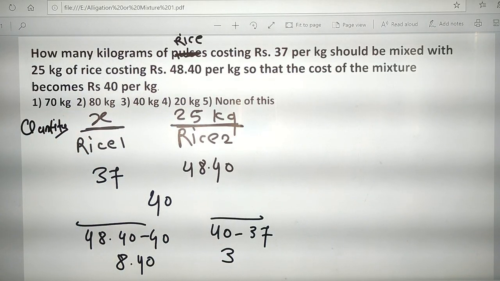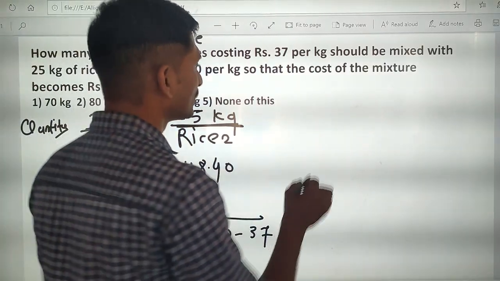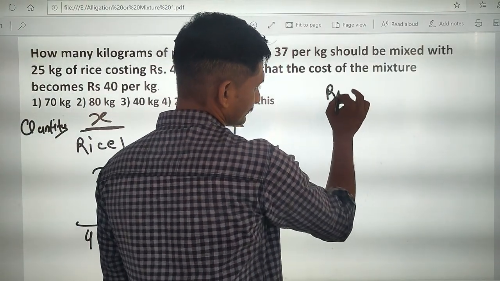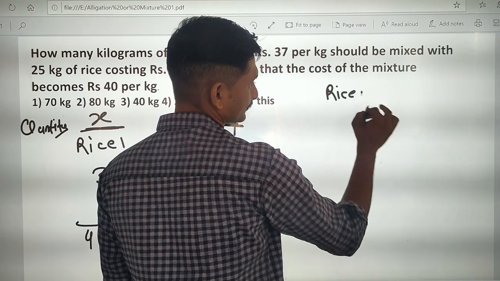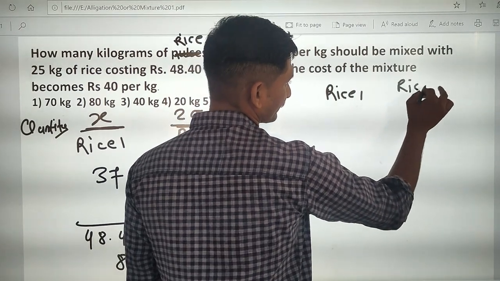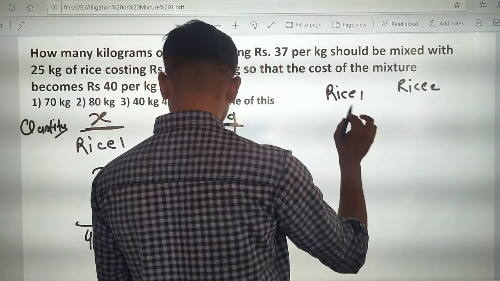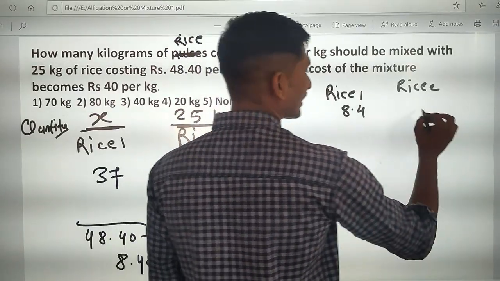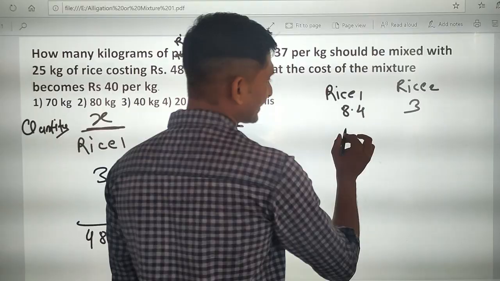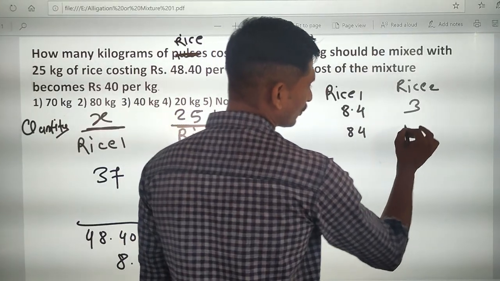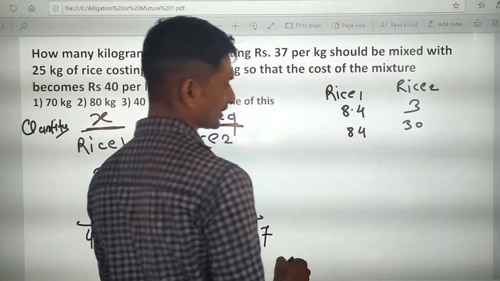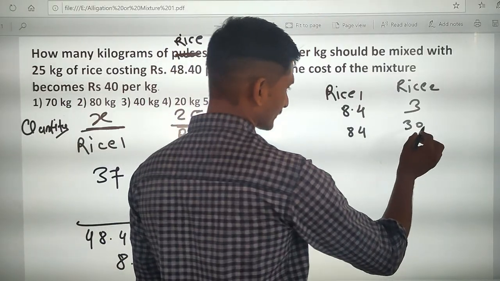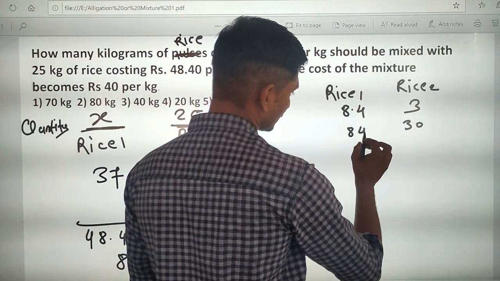The ratio of rice 1 to rice 2 is 8.40 to 3, that is 84 to 30. Then we divide by 3.